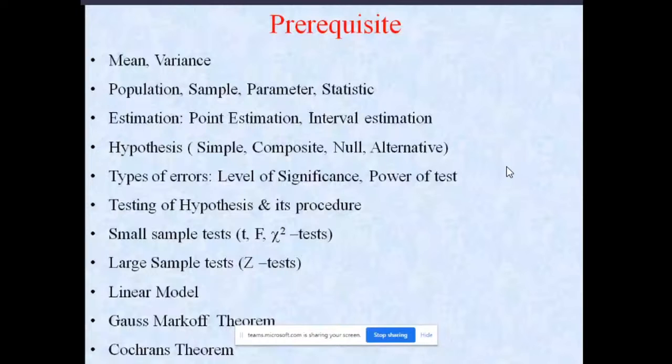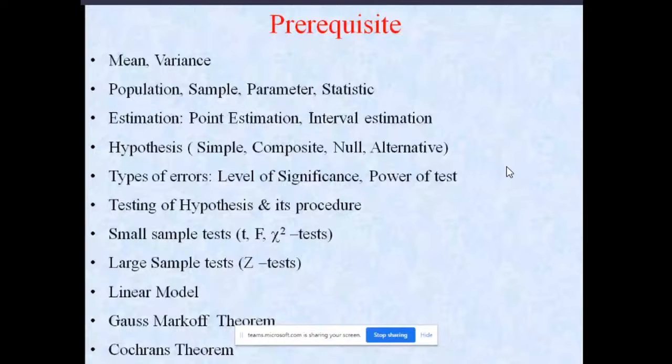Suppose I specify that this particular class average mark is 80, so the average mark of the class is 80, pinpointing the value. So mu is equal to 70. The value of the parameter is specified, therefore it is called simple.